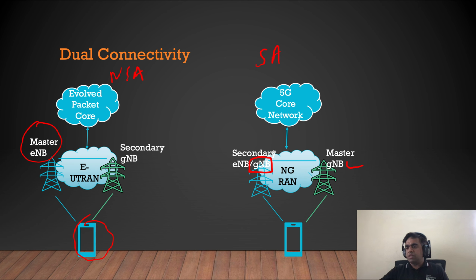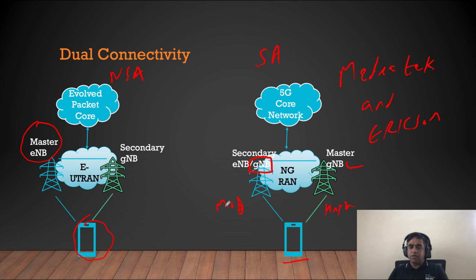But recently, two companies called MediaTek and Ericsson have done some tests where they connected a single device to both a mid-band spectrum and a high-band spectrum using dual connectivity.